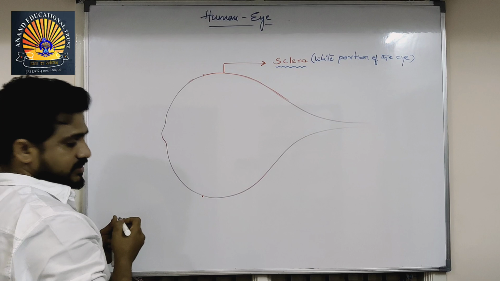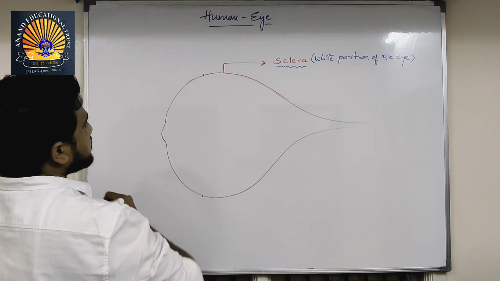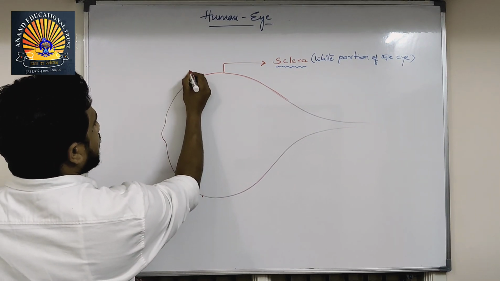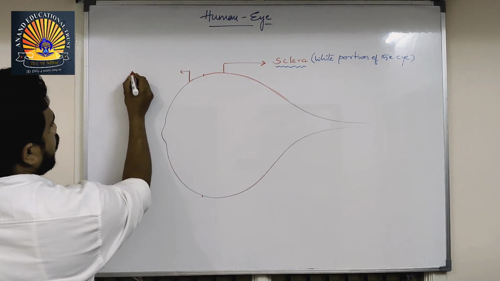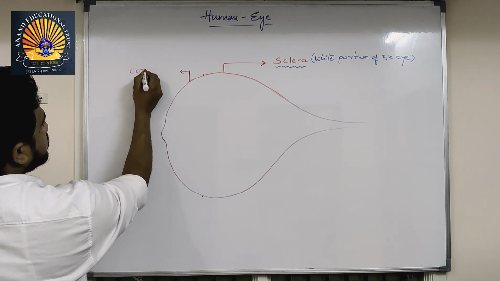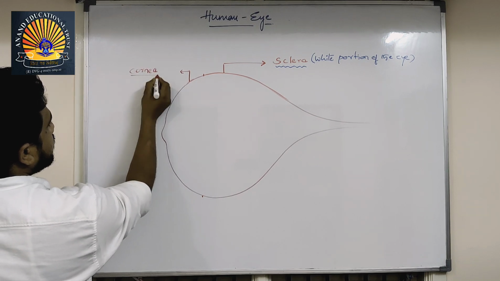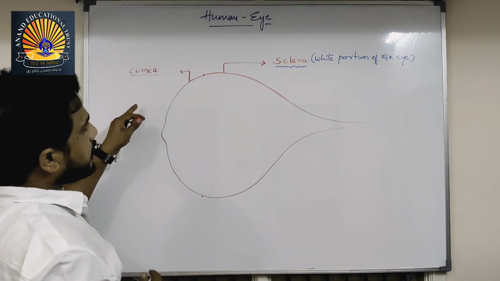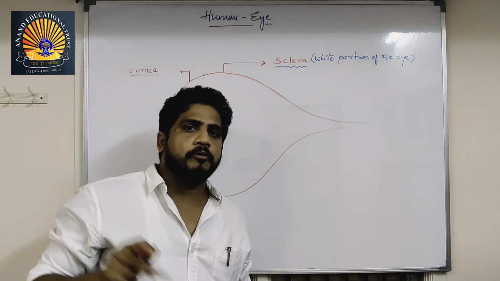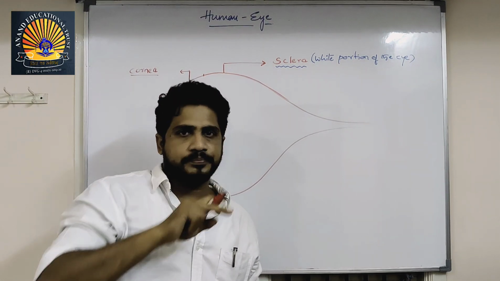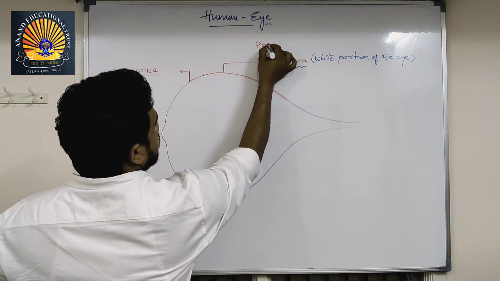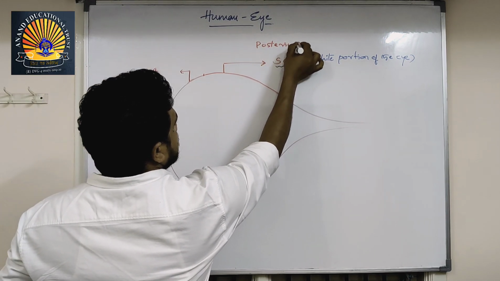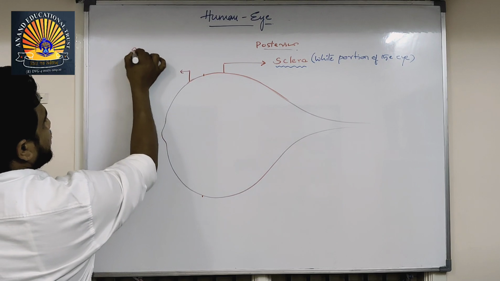On the anterior side, this part is called cornea. Cornea and sclera both occupy the first layer, the first coat. This is the posterior side, and this is the anterior side.